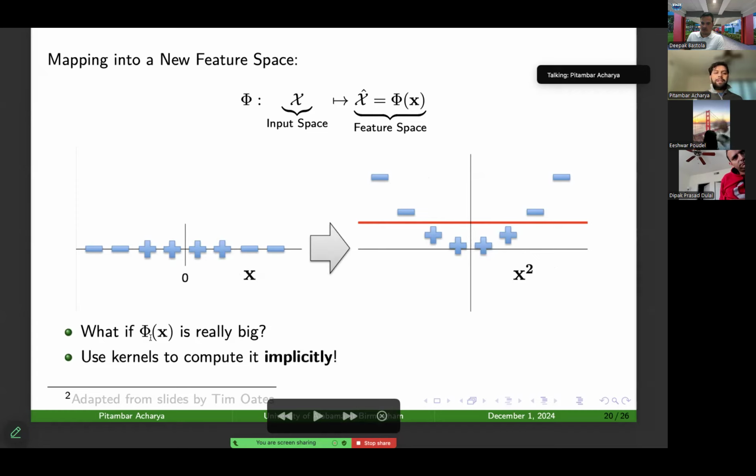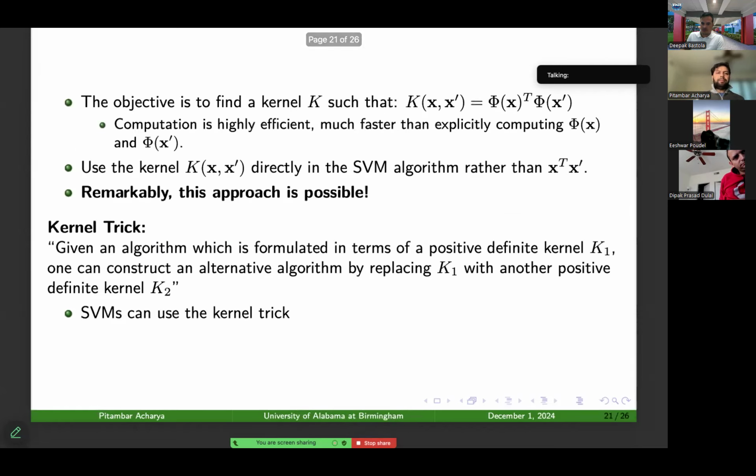So what if this phi x is really big? Then kernel is the answer. The objective is to find a kernel k such that the kernel of two vectors x and x prime is the scalar product of the two quantities in the feature space.